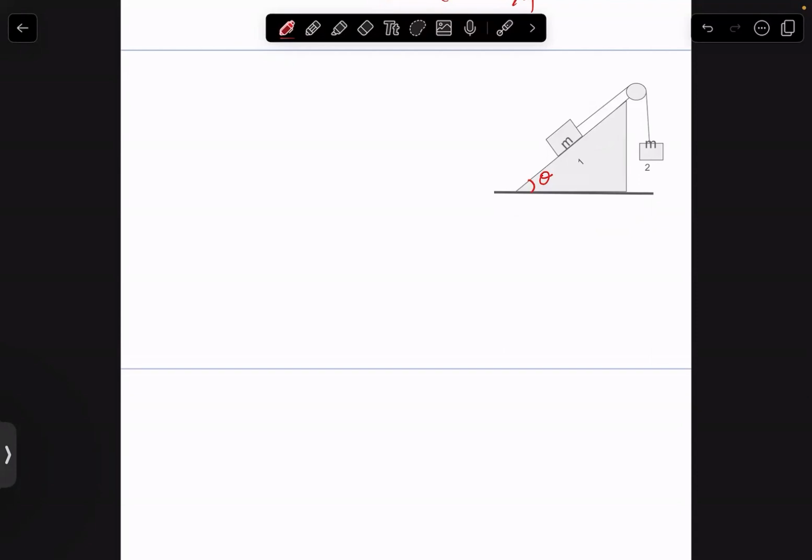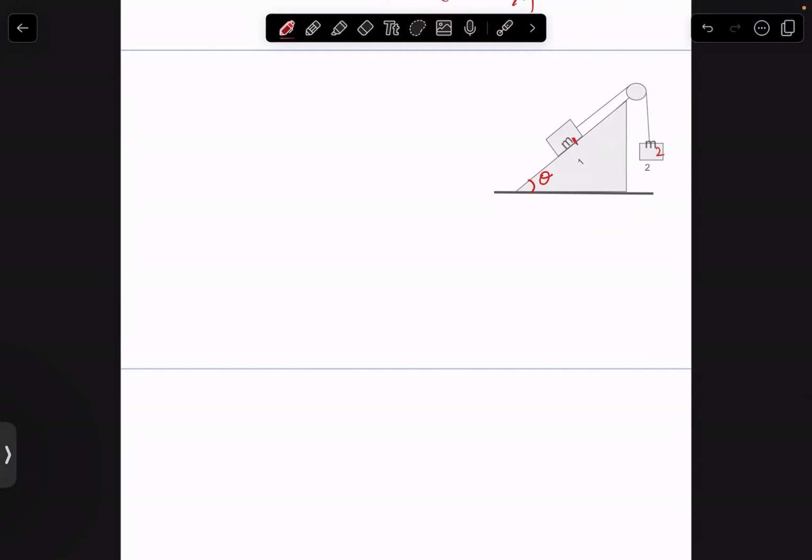I am assuming this inclined surface to be smooth. This is mass m1 and this is mass m2. Over a smooth surface, the block of mass m1 is placed.